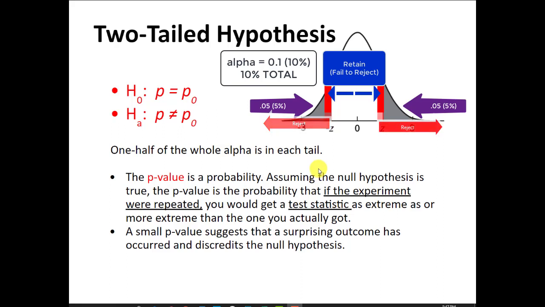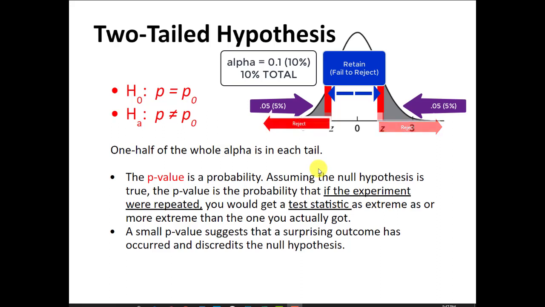When we compute our test statistic, the Z-score for our sample, we're also going to need to figure out the probability of obtaining that Z-score. That probability is called the p-value of your test statistic. The p-value is a probability, okay, and it assumes that the null hypothesis is true. It is the probability that if this experiment were repeated, you would get a statistic as extreme or more extreme than the one you actually got.